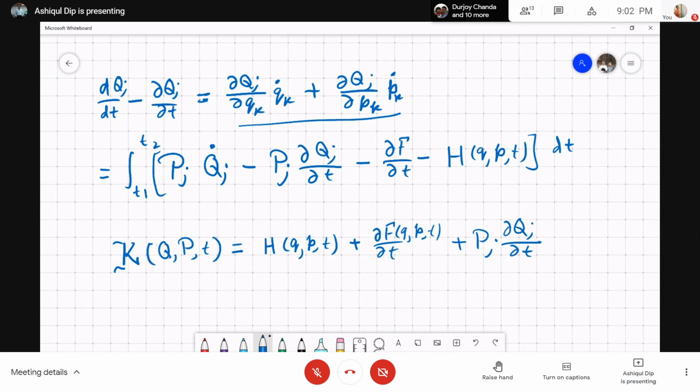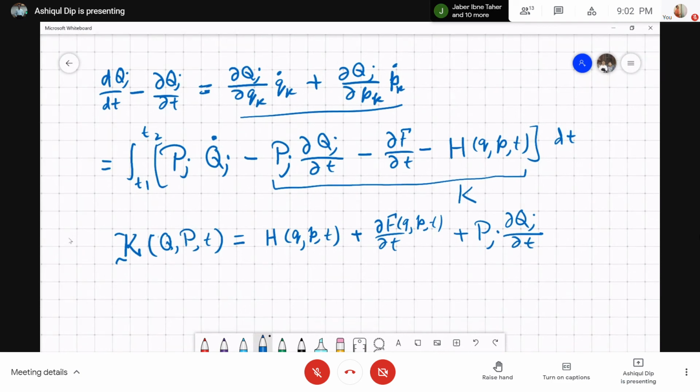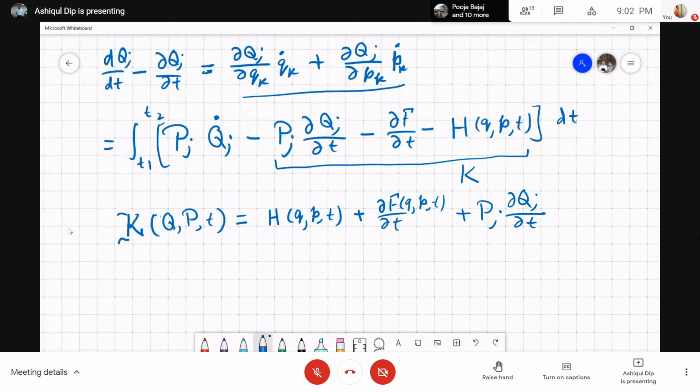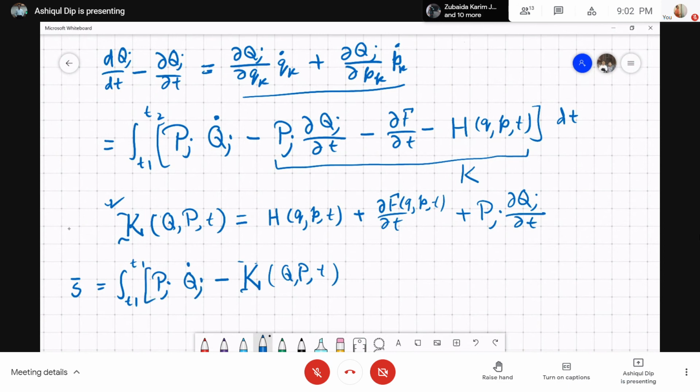If we define it like that, what do we get? We are calling this whole term our K, the new Hamiltonian. So we get S bar to be, with this definition, the integral from T1 up to T2 of big P_j big Q_j dot minus big K of big Q, big P, and T dt.